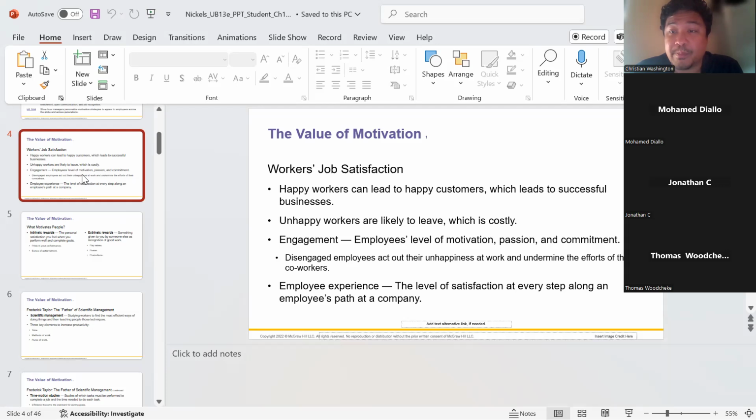Some people work hard because of the money they make and what they could do with the money. Some people are motivated by different things. Generally speaking, people are more motivated emotionally by the work they do versus purely financial reasons.